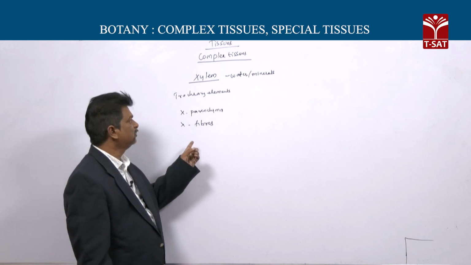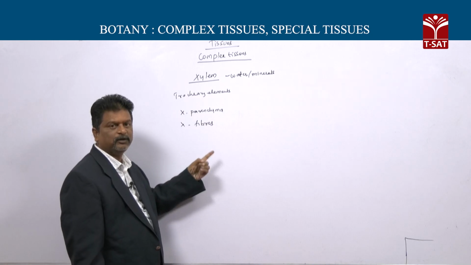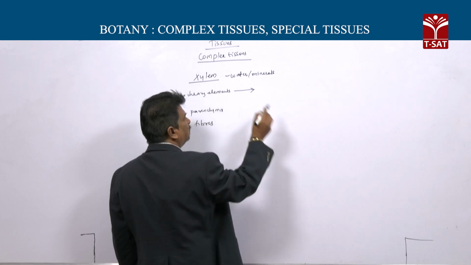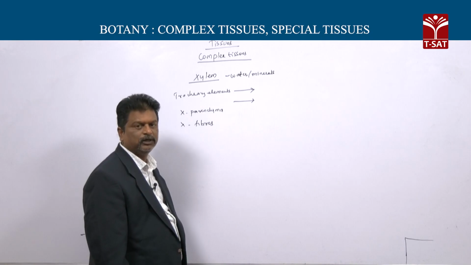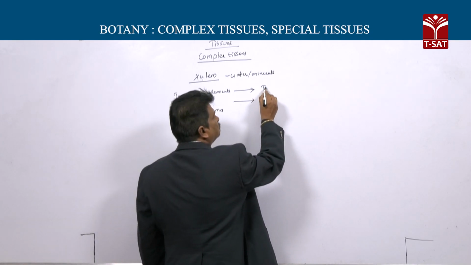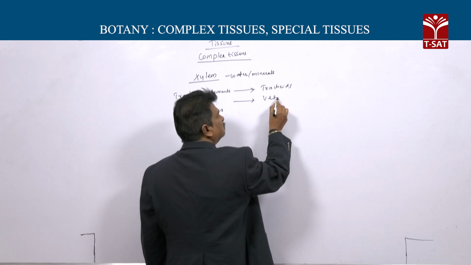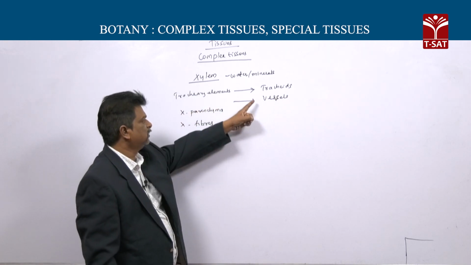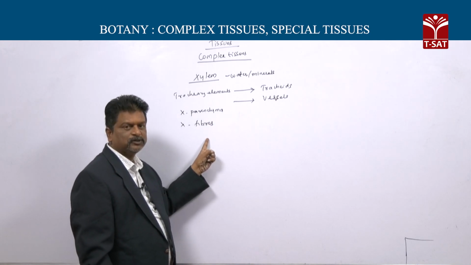These are parts of xylem: tracheary elements, xylem parenchyma and xylem fibers. Rightly, conducting cells or conducting elements of xylem are called tracheary elements. It includes tracheids and vessels. So total parts of xylem: tracheids, vessels, xylem parenchyma and xylem fibers.